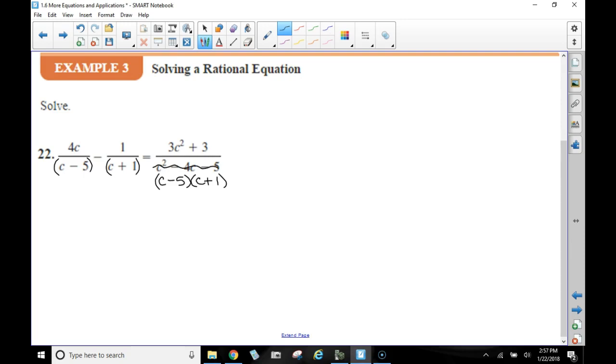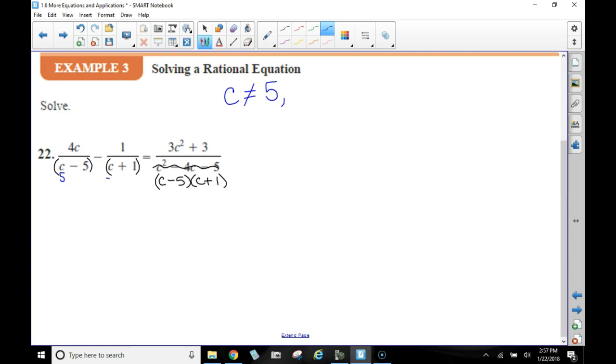I don't. Okay? Now, with the factored form, I can remind myself not to include in my solution set any values of c that would give me 0 in the denominator. In the first factor, 5 would be a problem, wouldn't it? That would give me 0 in the denominator. So c is not equal to 5.